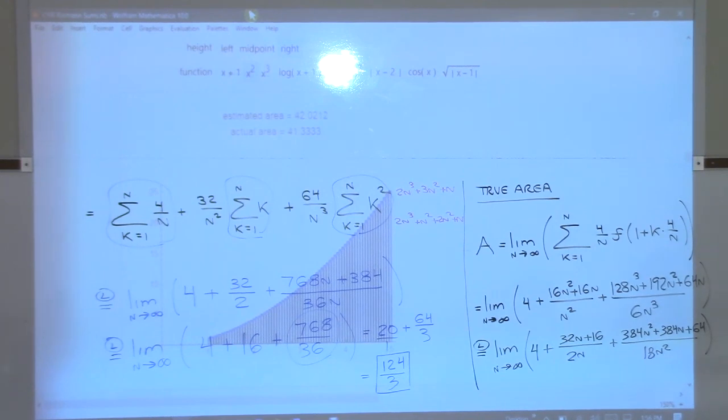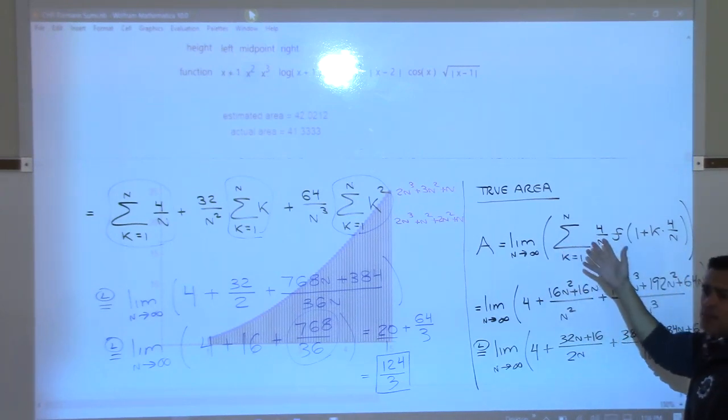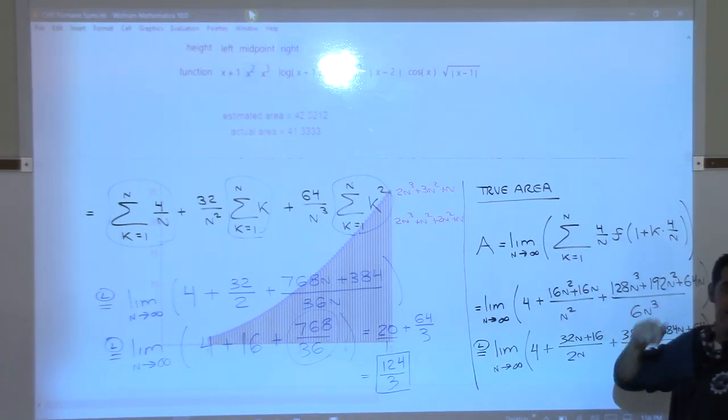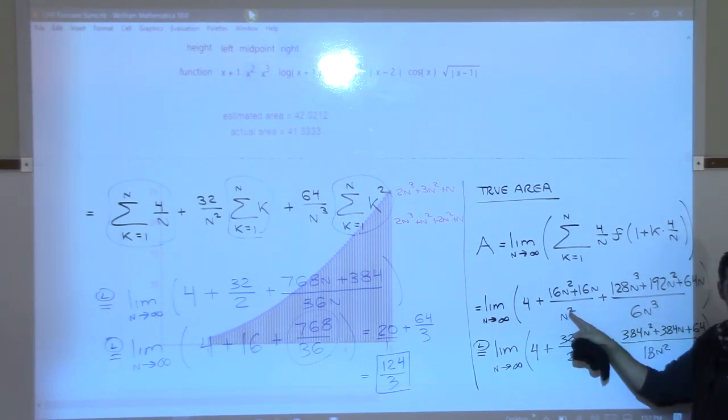Omar? Will K always be 1? In our Riemann sums, yes. What if you algebraically factor out n and then take the limit, and then 1 over n approaches 0, which is just 0? You still get the same answer, right? Wait, what do you want me to factor out?